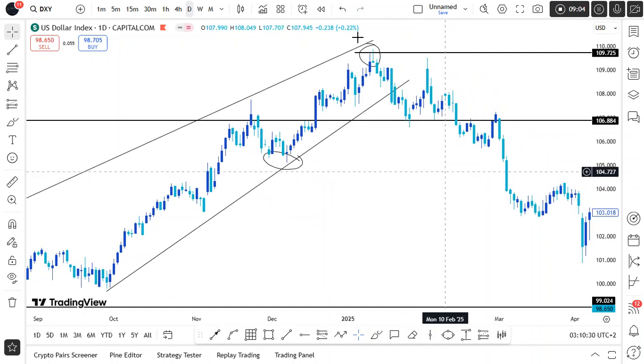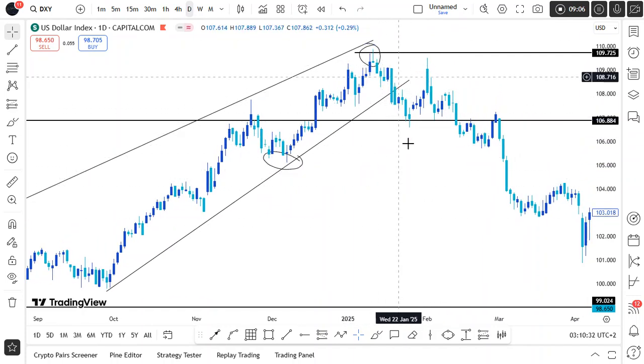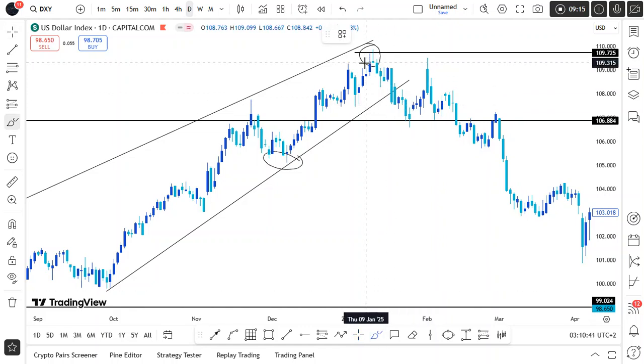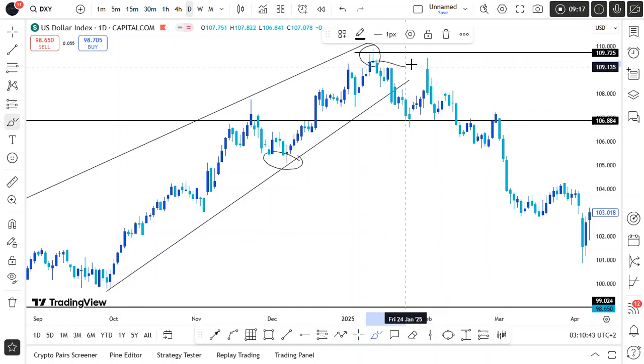Once price does something like this and fails to break out with an impulse, this gives us clarity that price can come back, sit on the zone and retest it. Then look, it gave us a sniper entry.